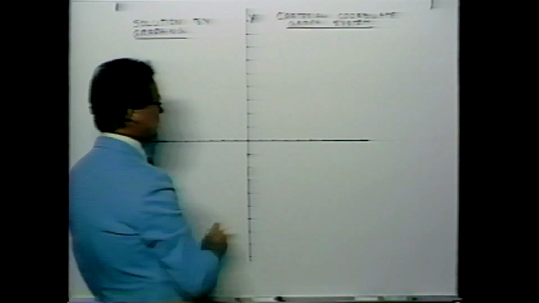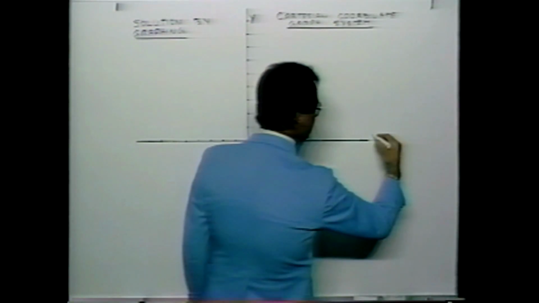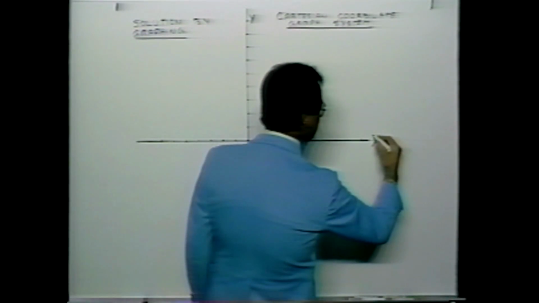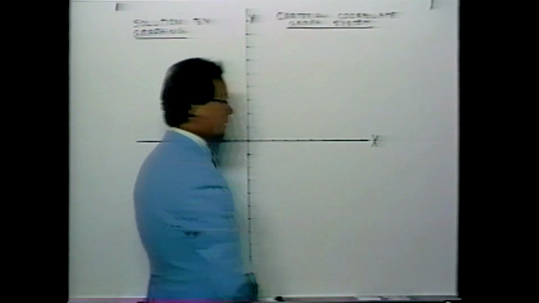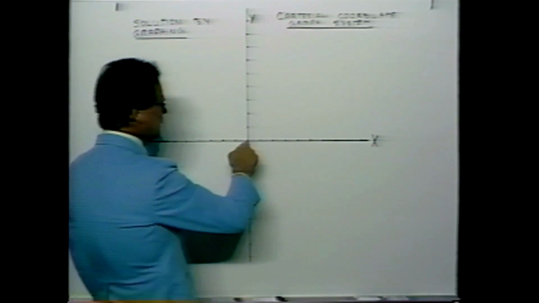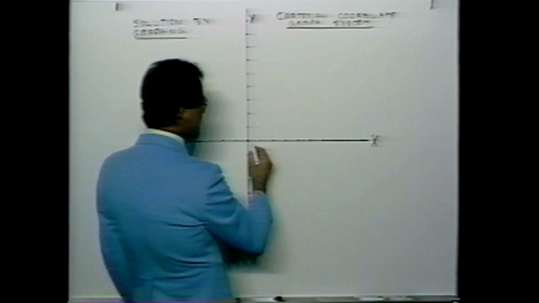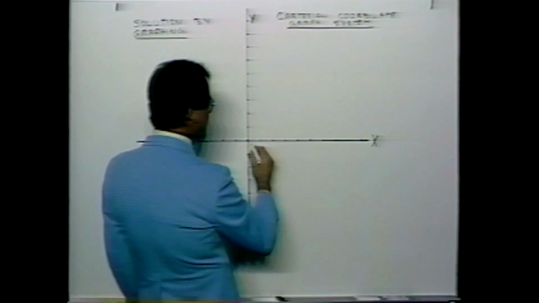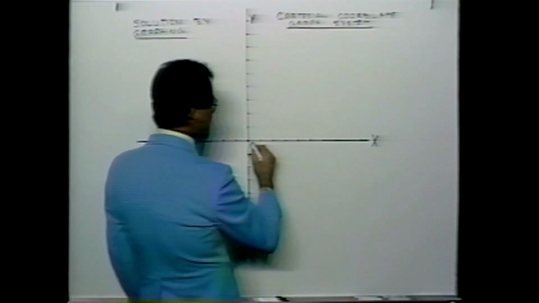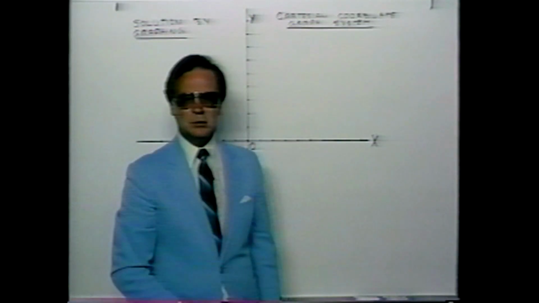The horizontal line, or the horizontal axis, is referred to as the x-axis, and I will draw a capital letter X for that. The point where the two lines intersect is referred to as the origin and is given the letter O, which is also a reference point with a value equal to 0.